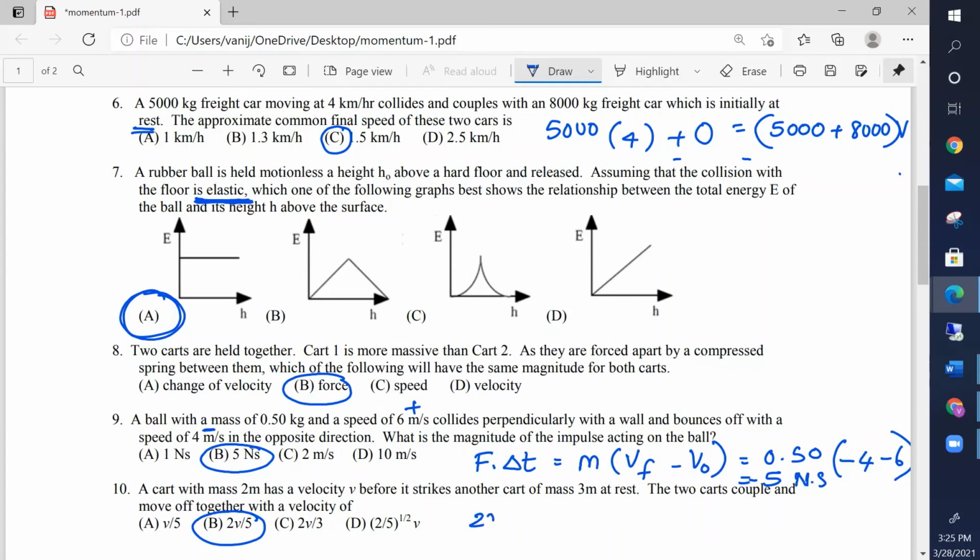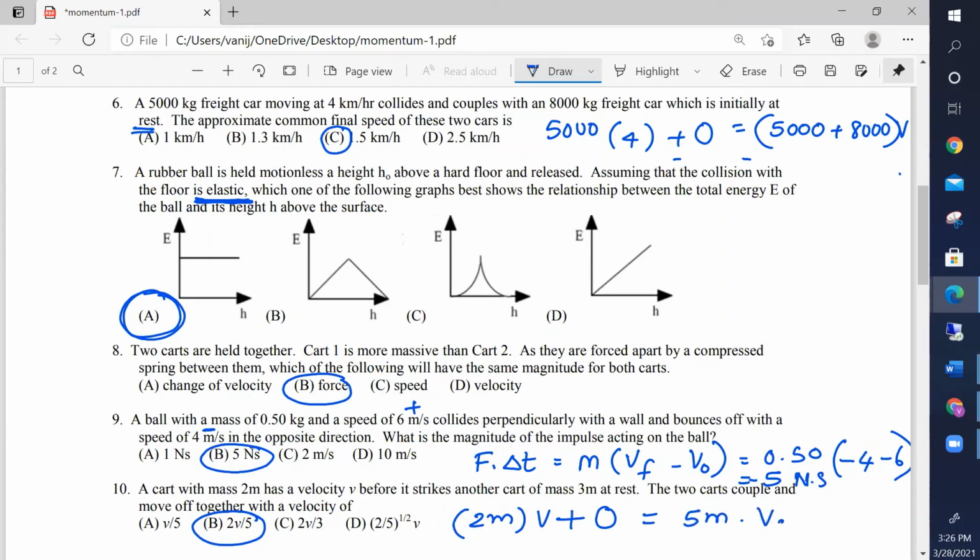The cart of mass 2m is moving with a velocity of v, and it collides with another cart at rest. So the initial momentum of the second cart is going to be equal to 0.